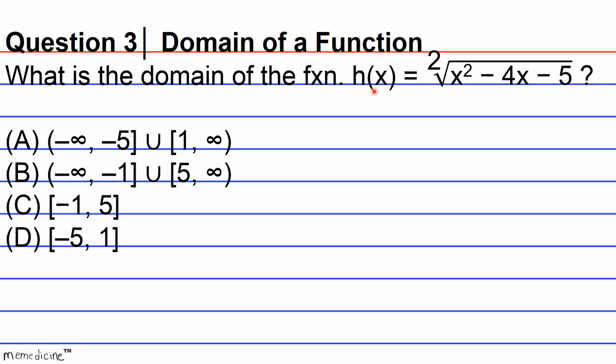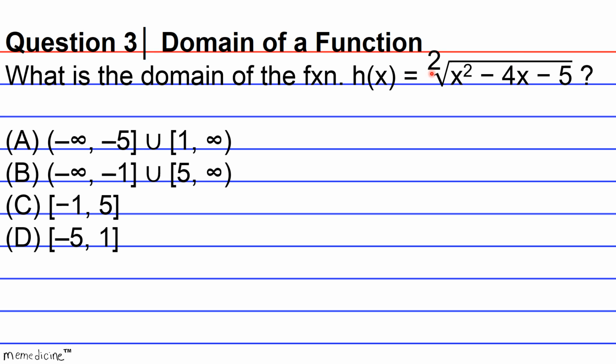This means that there are going to be a few criteria for determining the domain of a function, all right? Criterion A, and this is in no particular order, radicands. When I say radicands, I mean the expression underneath the radical sign. So radicands with an even index.